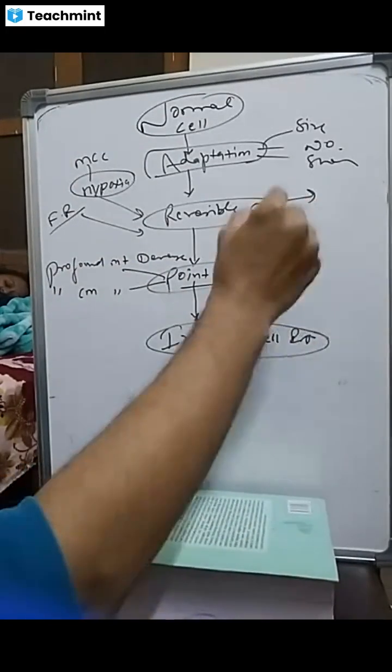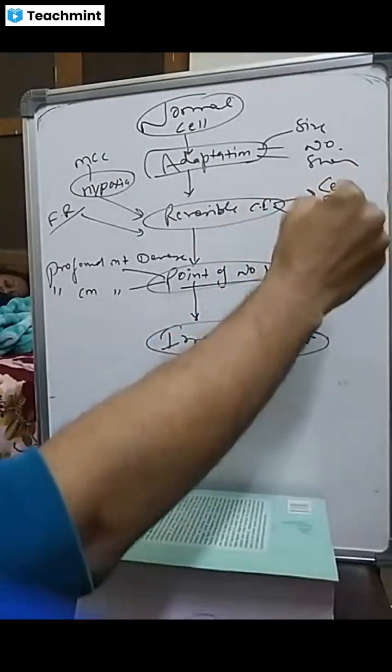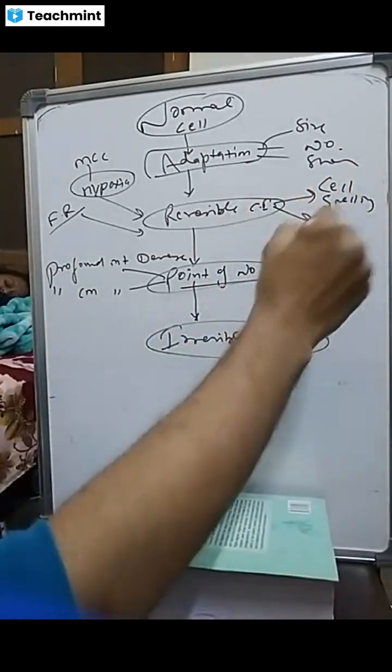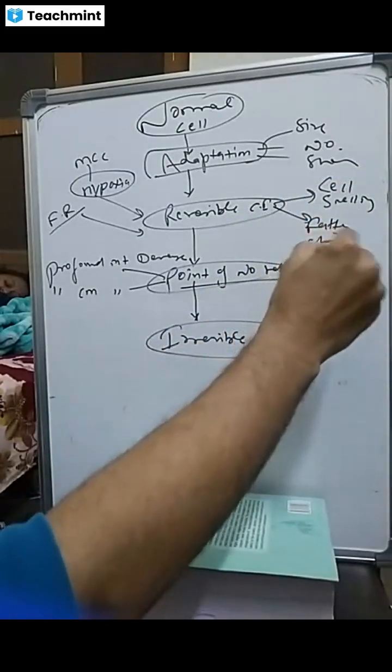In reversible injury, we saw two patterns: cell swelling and fatty change.